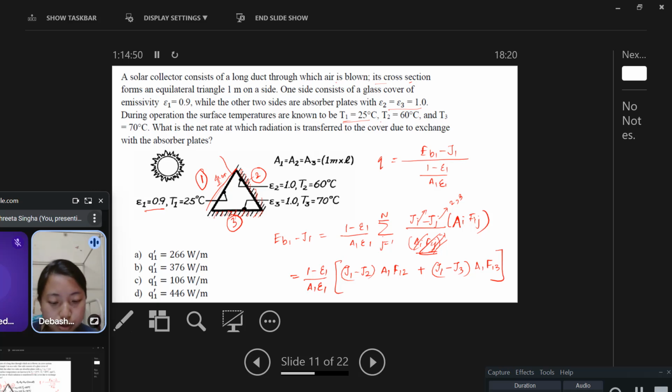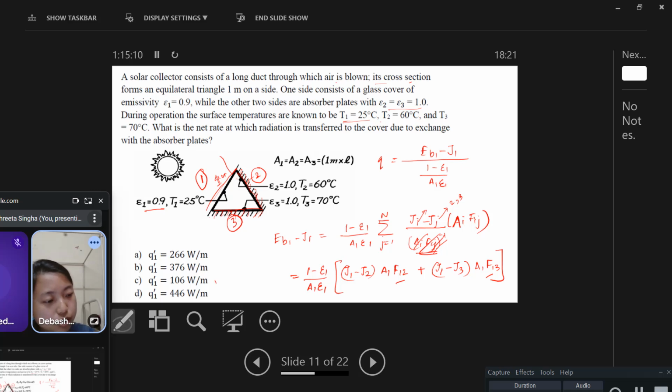Now, what we know from here and what we don't know. F12 and F13 are from this surface to these two surfaces, and since it is an equilateral triangle, we can say these are symmetric also.